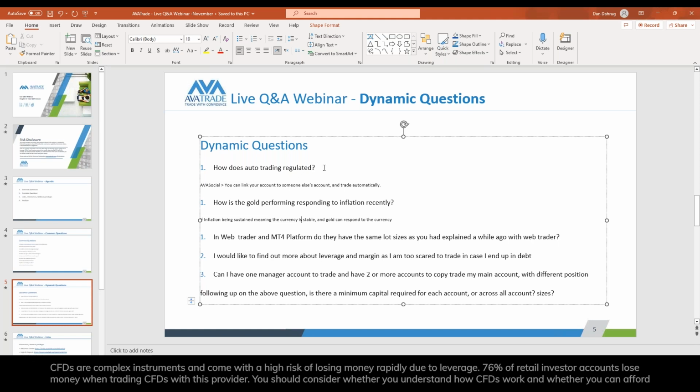So that's how it's regulated. You have a nice form you have to fulfill, and then you can link your account. You don't have to do that with AvaSocial. You can just copy somebody by looking at its actions. But if you want, you can. We have other solutions. It's less relevant at this point, but you can ask your senior account manager, and he will provide you with many alternatives.